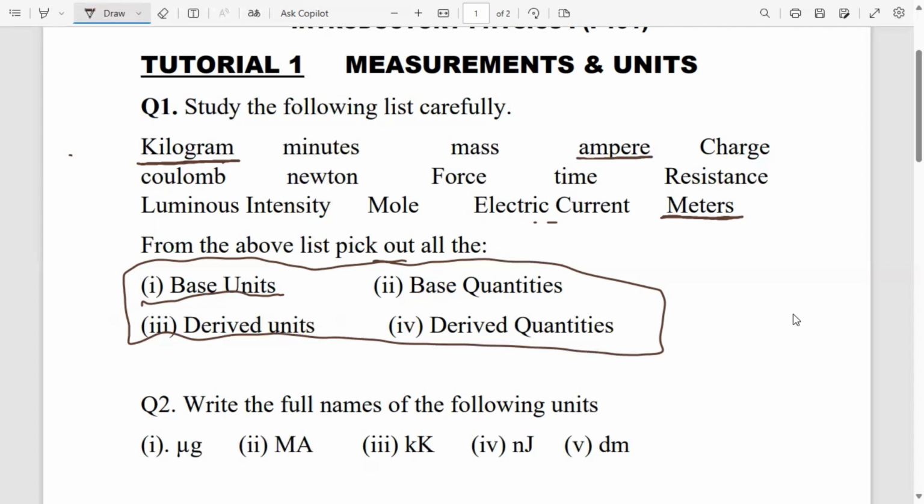We have the mole for amount of substance as a base unit. What else do we have? Okay, so it's just these. Only these four are the base units that have been given here. Okay, so if these are base units, that means that we can move on to the next one.